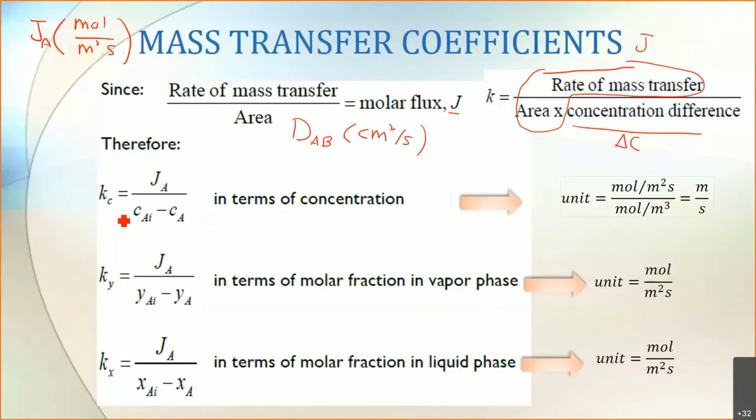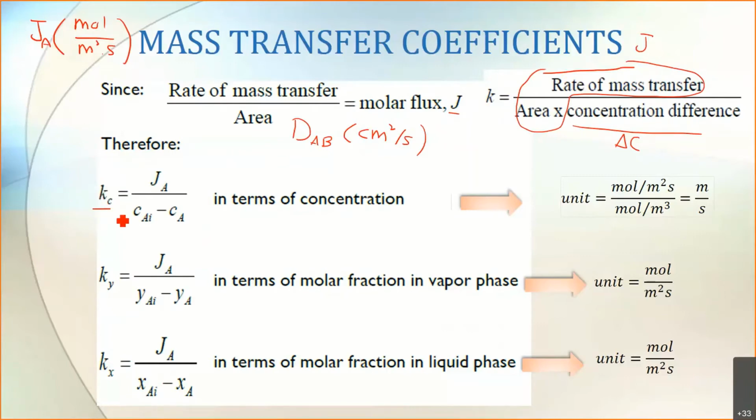Okay, so for example, when you have Kc, when you have small k with subscript c here, it means that you are actually defining this K in terms of concentration. So Kc here means the mass transfer coefficient in terms of the concentration.